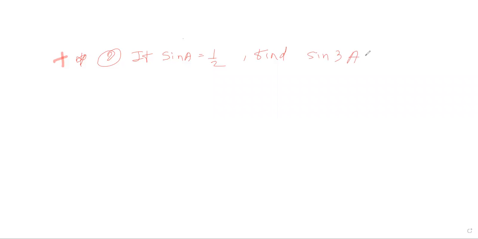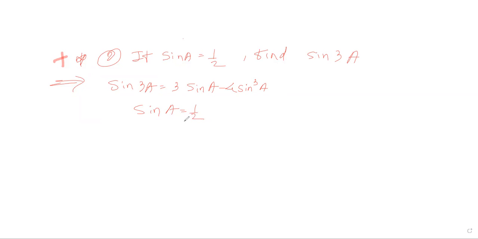Tell me, the sine 3A formula. Sine 3A is equal to 3 sin A minus 4 sin cube A. Now here it is given that sine A is equal to 1/2.